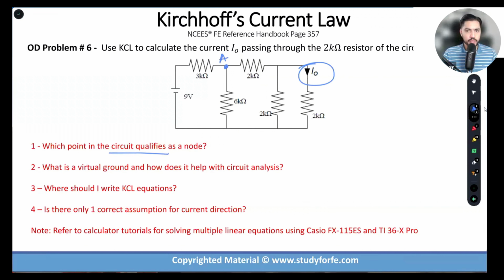Let me call them A, B, C, and D. A is a node. You guys are saying C is a node. What about D? What's special about D?